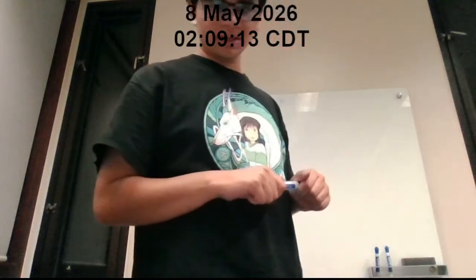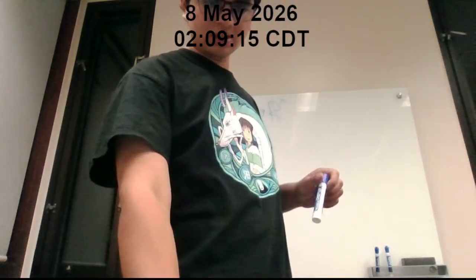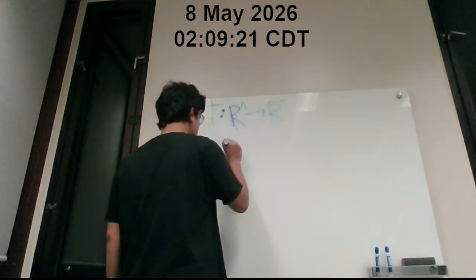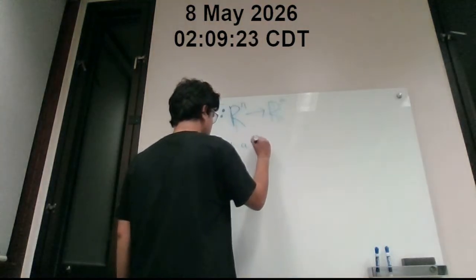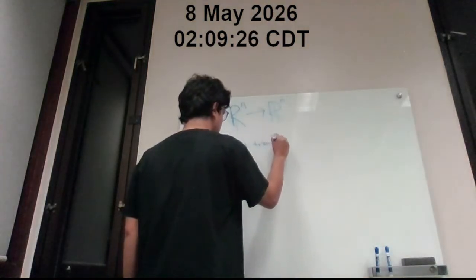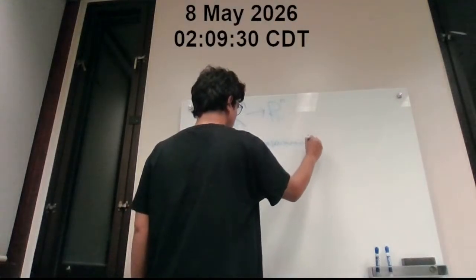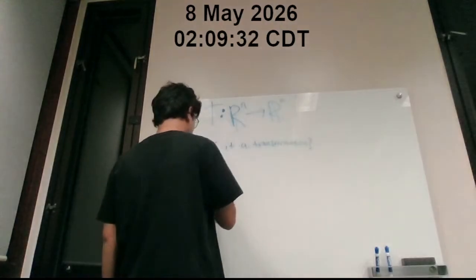You can project 3D objects in 2D. But yeah, you also need to test if something's a transformation. So this is our first definition. Is it a transformation? And it's a transformation if the following are true.